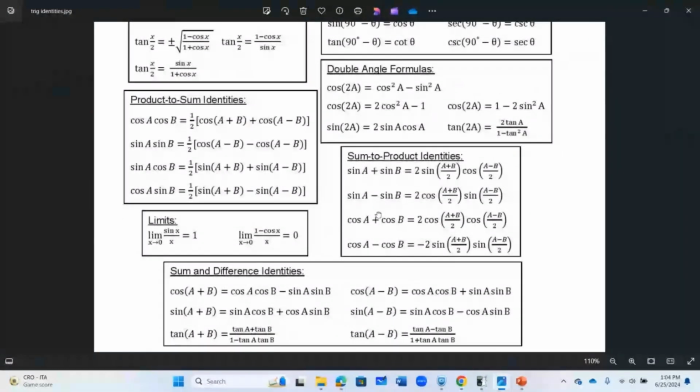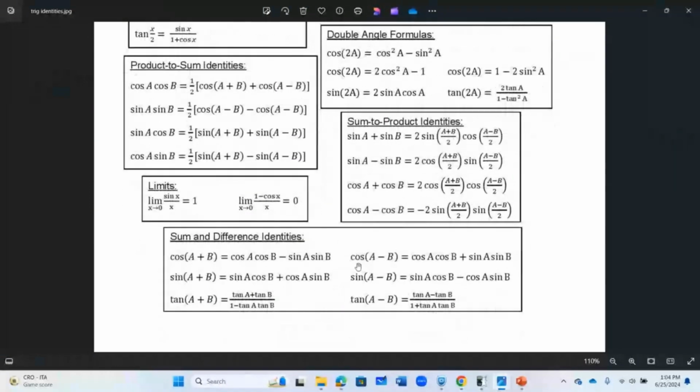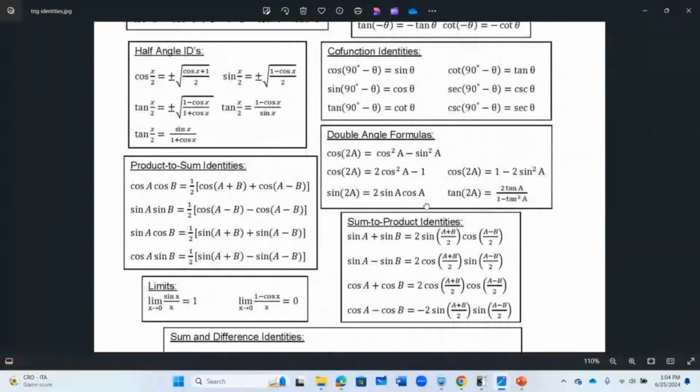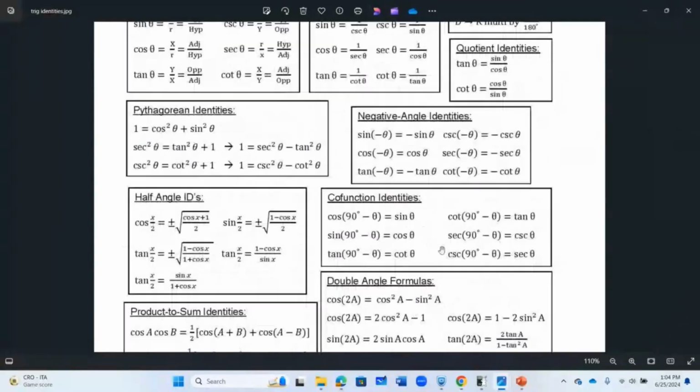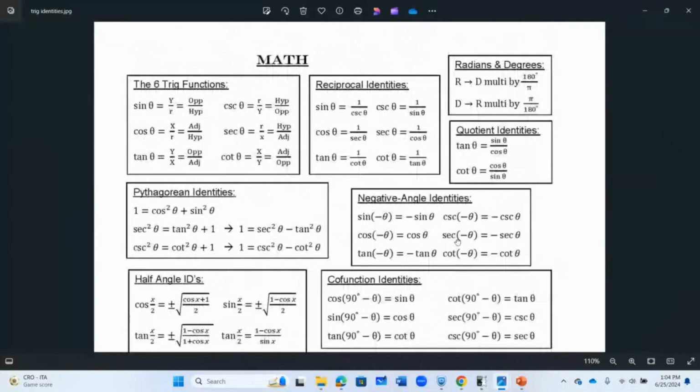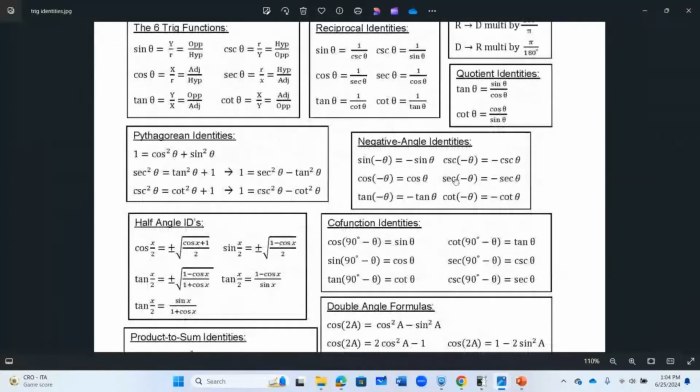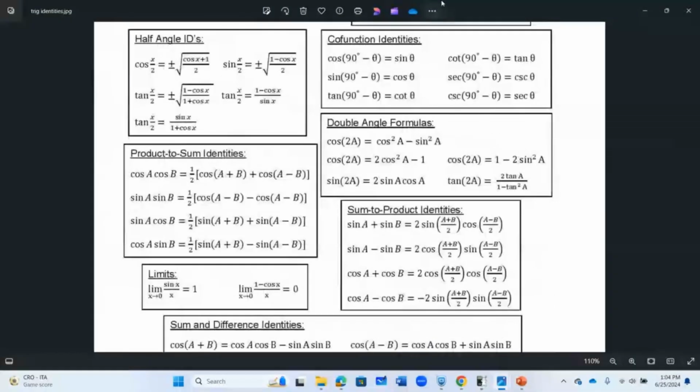Sum to products is in this class, sum and differences for next unit, unit 2. Then we need Heron's formula to find the area of a triangle. We can also use matrices to find the area of a triangle. We shall see that in the cosine and sine rule. I think it's unit 3.